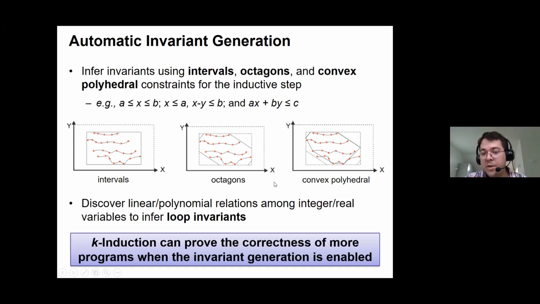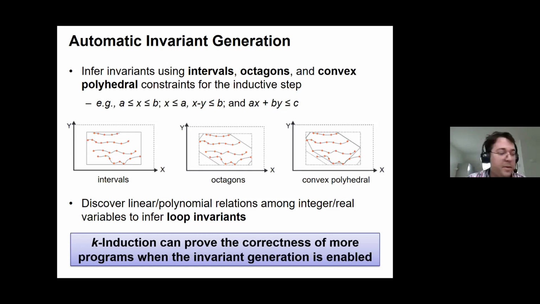But for octagons and convex polyhedra, we don't have an implementation, but we have abstract interpretation frameworks like PAGAI and PIPS, which provide invariants in octagons and convex polyhedra. And all those invariants help quite a lot when you do induction of programs.